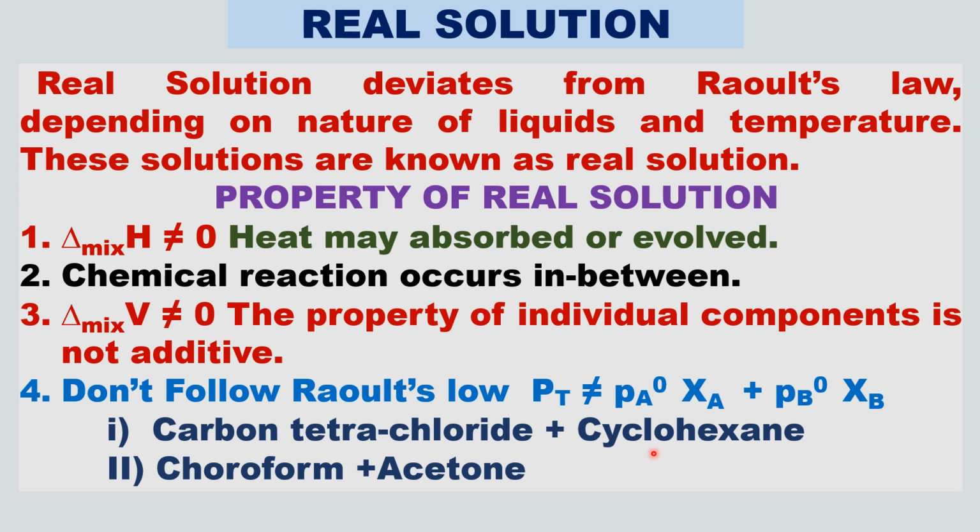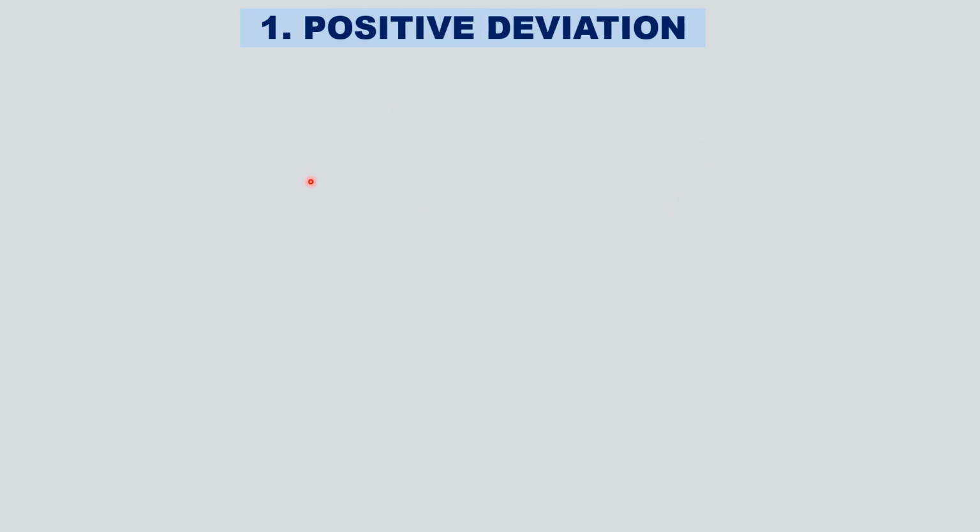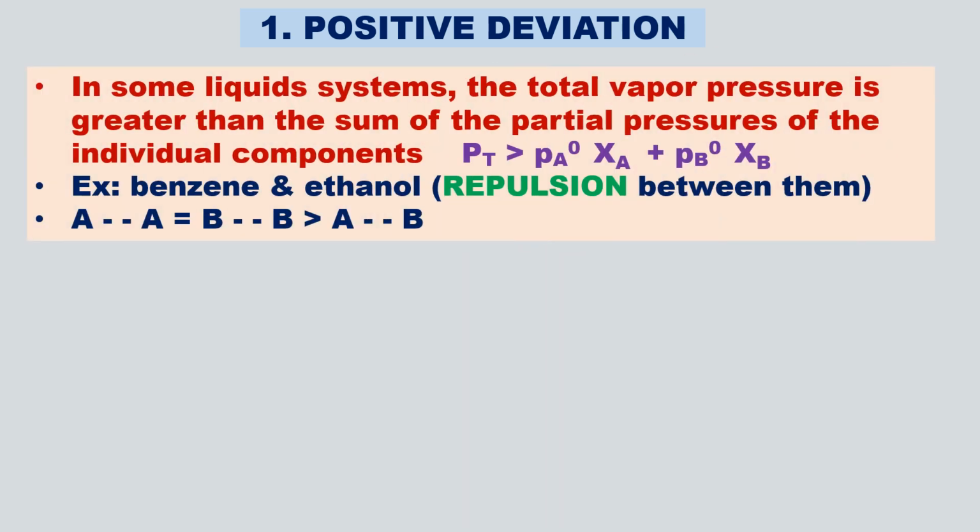Okay, so if you look at this, this is polar. There are two types of real solutions. First, real solutions which exhibit positive deviation. We'll see this first.